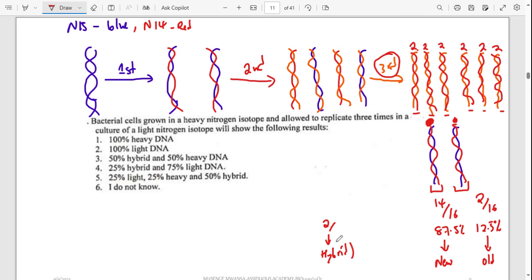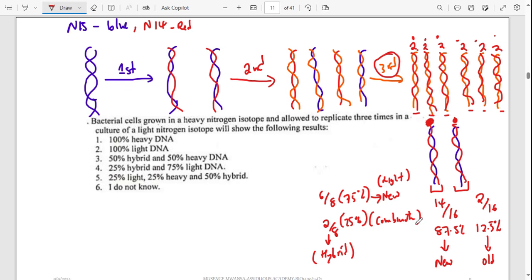So it is 2 out of 8, and this is 25%. This is a hybrid. And then we have got these 1, 2, 3, 4, 5, 6, so 6 out of 8. That is 75%. These are new strands. They are not hybrids; they have got light nitrogen alone because they are red. But these guys have got a combination. These 25% have a combination of heavy and light.